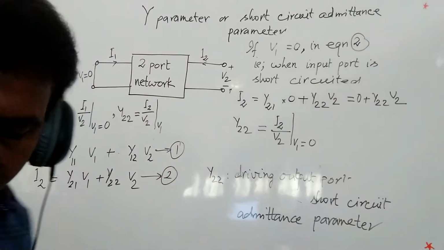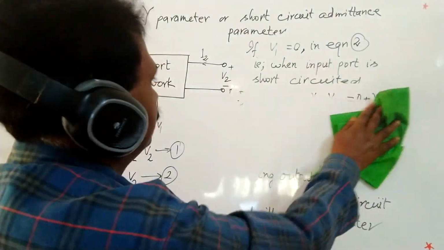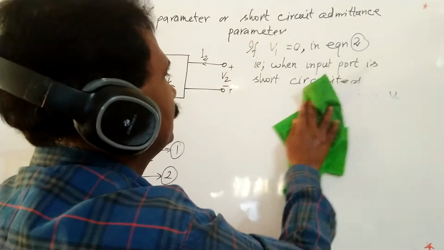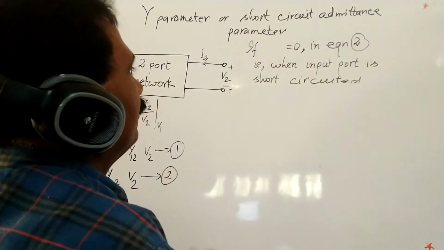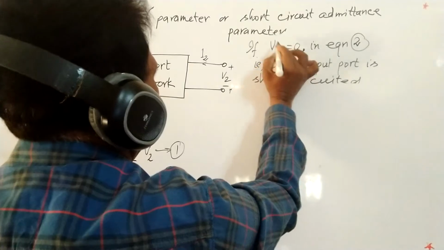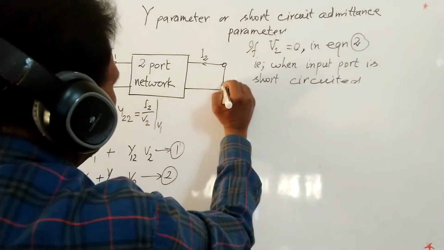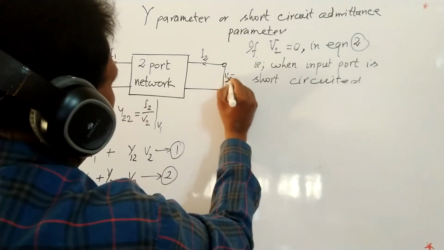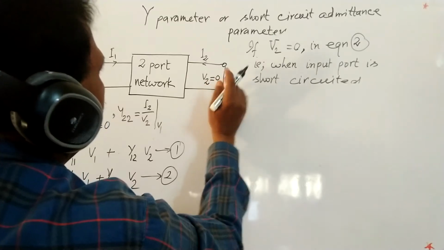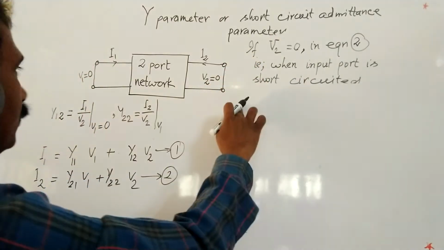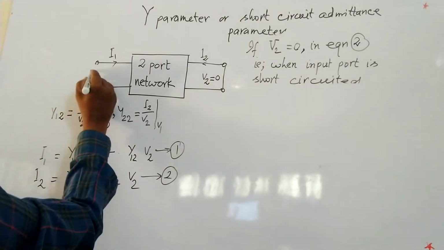Okay, now let us talk about the second port. What we are going to do is make V2 equal to 0. V2 equal to 0 means we are short circuiting the output port, and here again the voltage is V1.